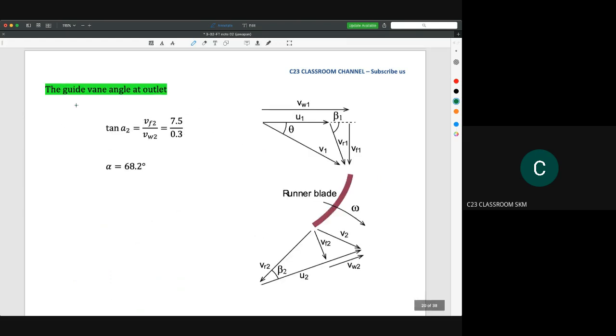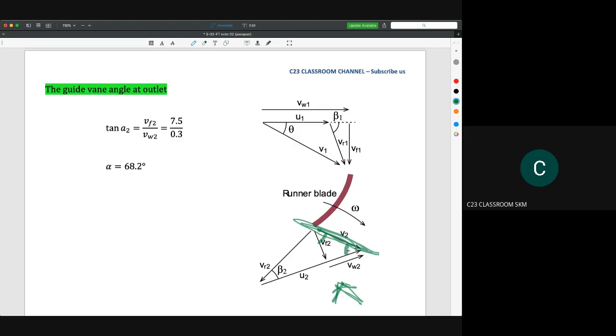And then the guide vane angle at outlet. From the velocity triangle at outlet here, normally people don't put a guide vane at the outlet because it is the outlet, so we just let the water go out. However, if people ask about the guide vane at the outlet, it is okay for you to take the angle of the actual velocity, this one or this one.